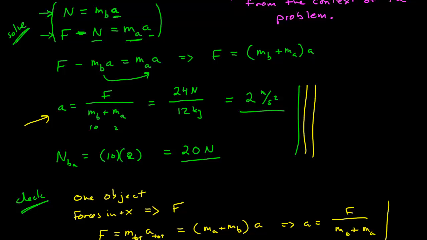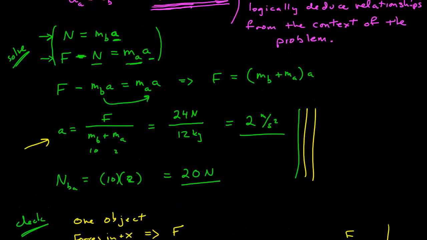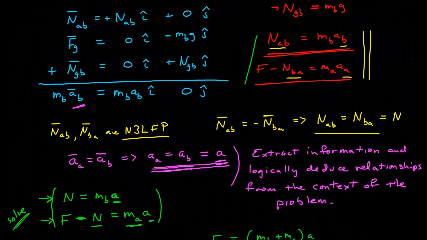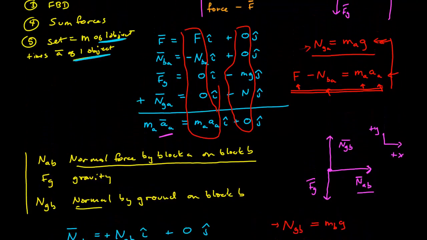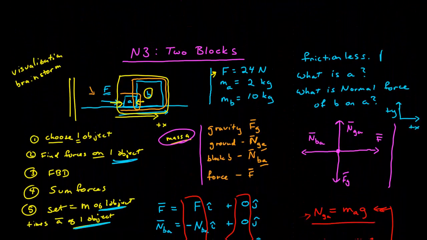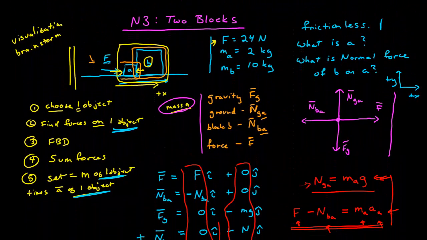All right, I've really taken a lot of time to do this one problem, which really is one of the easier problems, but I think it is so valuable to take your time to understand. The first is we've looked at the 4 steps: visualization, brainstorm, solve, and check.